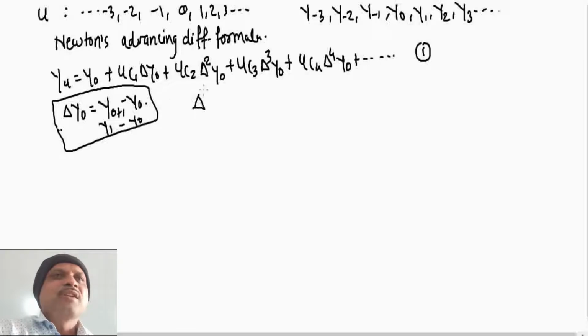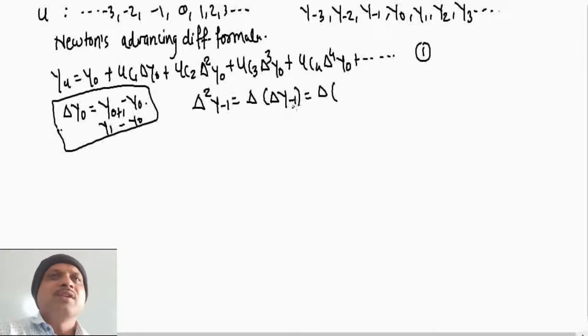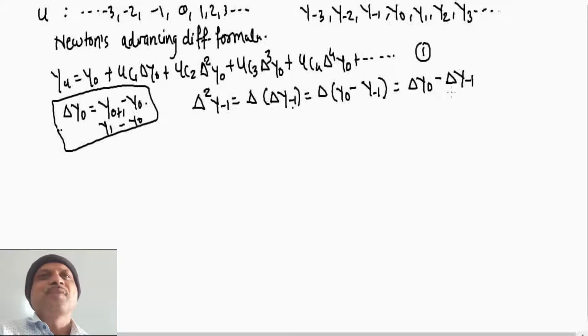Then delta square y at minus 1 will be delta of delta y at minus 1, equal to delta of y0 minus y at minus 1, which is equal to delta y0 minus delta y at minus 1.